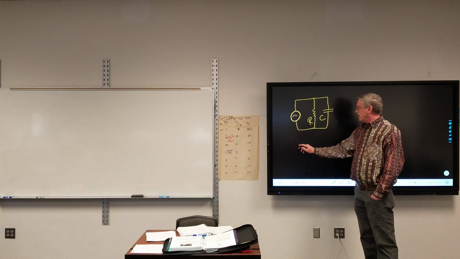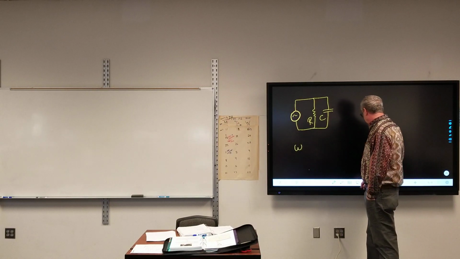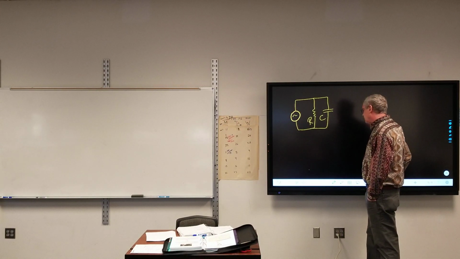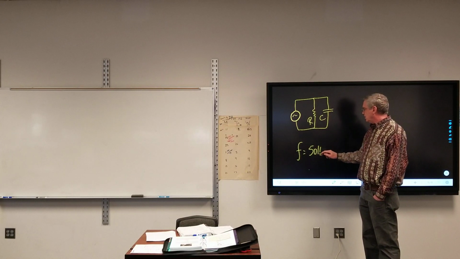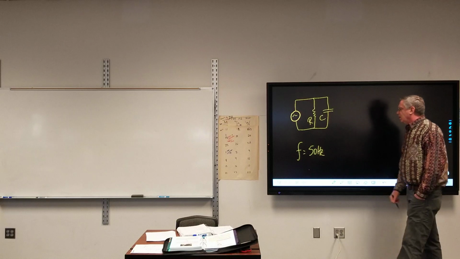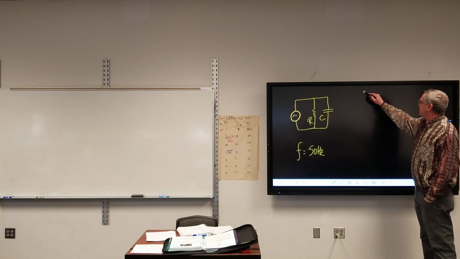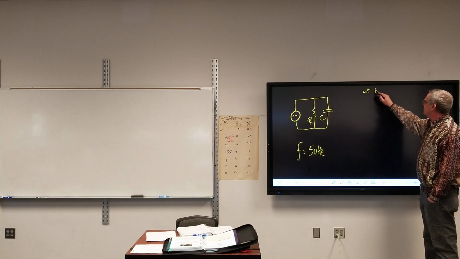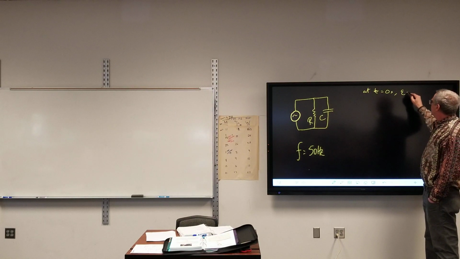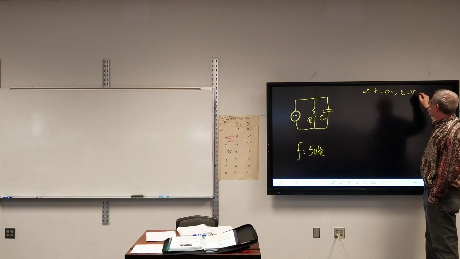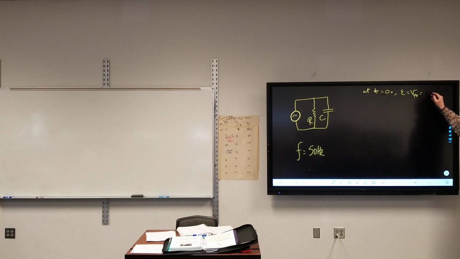So let's take it one step back. Frequency is 50 hertz. At time t equals 0 seconds, epsilon sub naught, which is the voltage from the power supply, is equal to its amplitude.